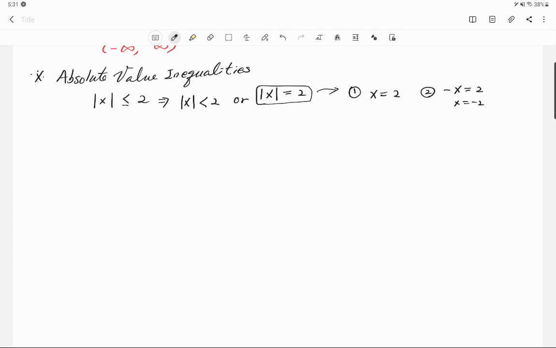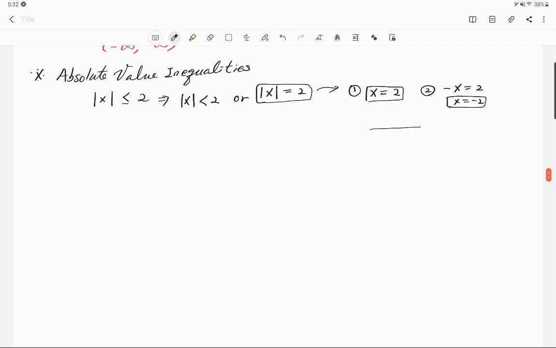So what we did is rewrite the equation twice: one exactly the same without the absolute value symbol, and the other with the negative sign on the right hand side. When you graph it, here's 0, here is 2, and negative 2. So the absolute value of x equals 2 means the x values are 2 and negative 2. That is the absolute value equation.